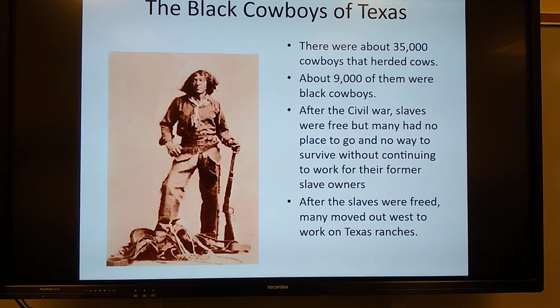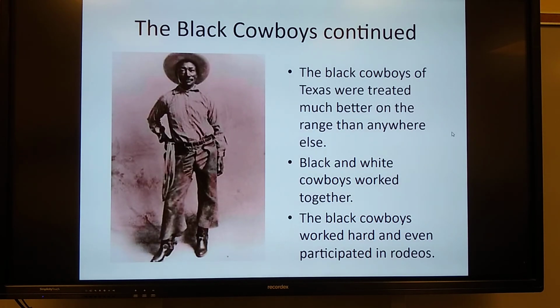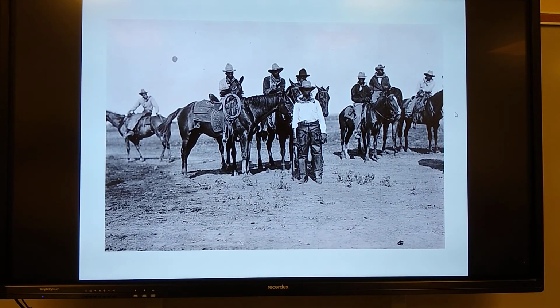After the slaves were freed, many moved out west to work on Texas ranches. The Black Cowboys of Texas were treated much better on the range than anywhere else. Black and white cowboys worked together. The black cowboys worked hard and even participated in rodeos.